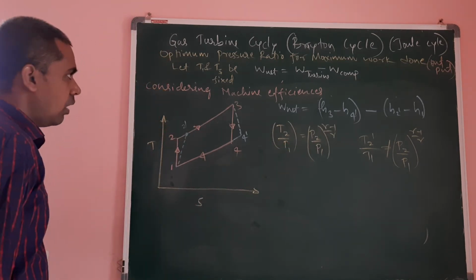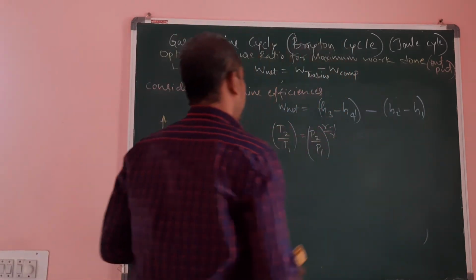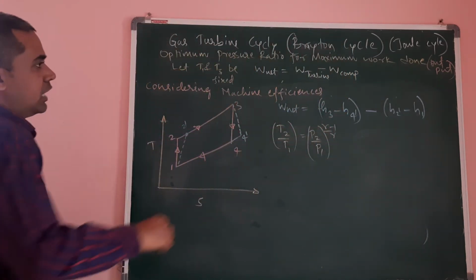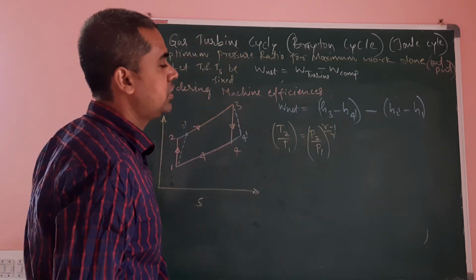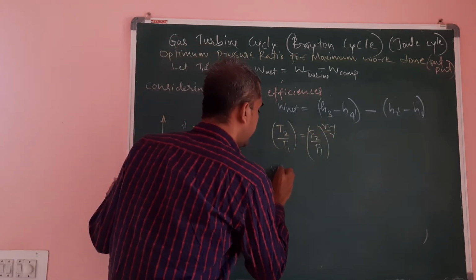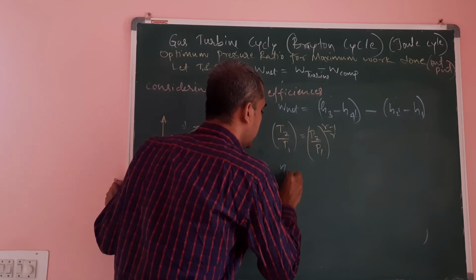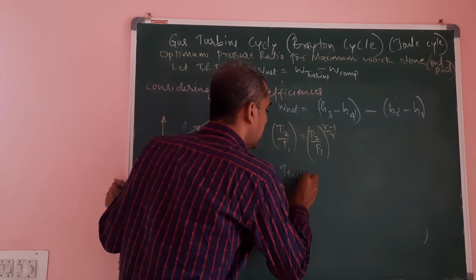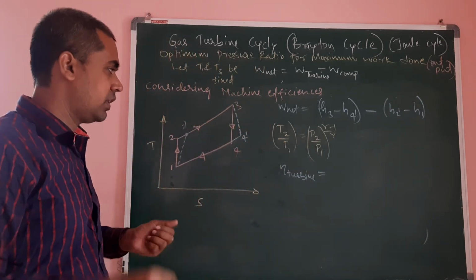Therefore, I will consider the compressor and turbine efficiency, and express this in terms of H3 minus H4, not H3 minus H4 dash. What we know is the efficiency of a turbine. In the last lecture video I have done that, you can refer to that video.